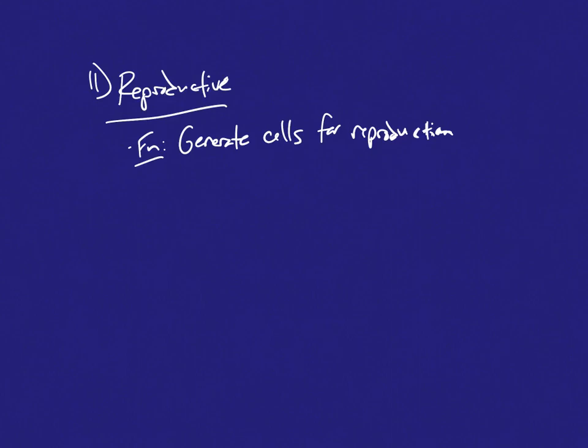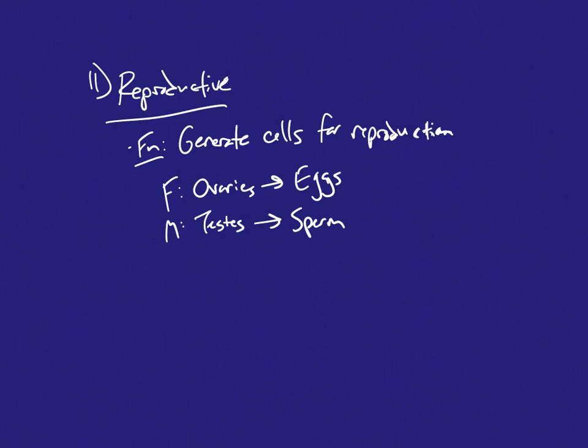But we have, as we've talked about all year, as mammals, we reproduce sexually, right? And so in females, we have ovaries. In males, we have testes. And again, these contain the cells that we need to generate cells for reproduction, right? This is where meiosis takes place. So females can generate eggs, males can generate sperm.